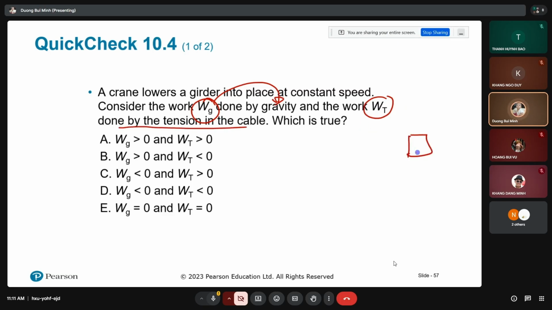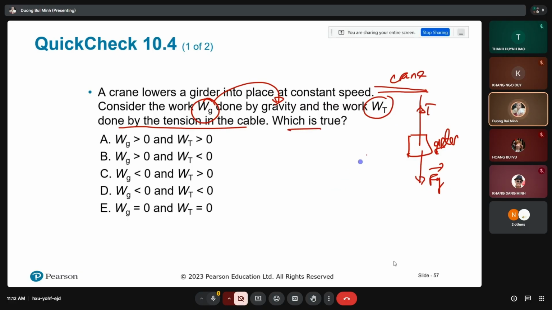So now we have the rudder. We have the tension force, right? This is the grain, and this one is F_G. So what is true?